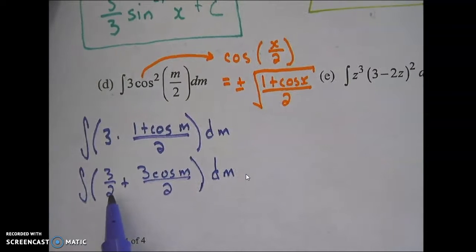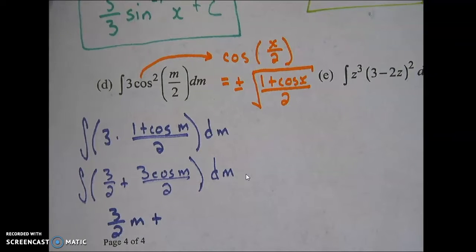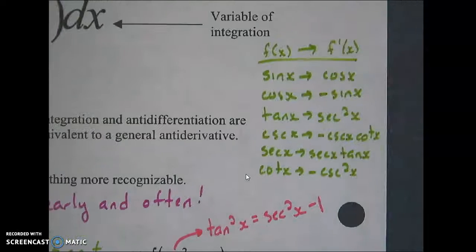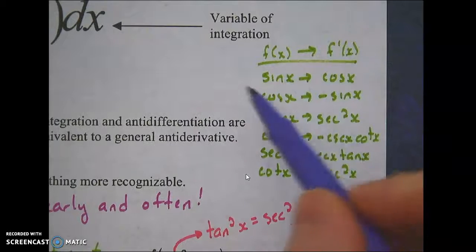And now this is something that I can integrate. So the integral of 3/2 is 3/2 m, not x, plus... try to pause this and see if you can figure that integral out on your own. All right, so the 3/2 is no big deal. That's just a constant. For the integral of cosine, I always make this little chart because I don't have them memorized. So I want to integrate cosine. That means I'm starting on this side and going this way.